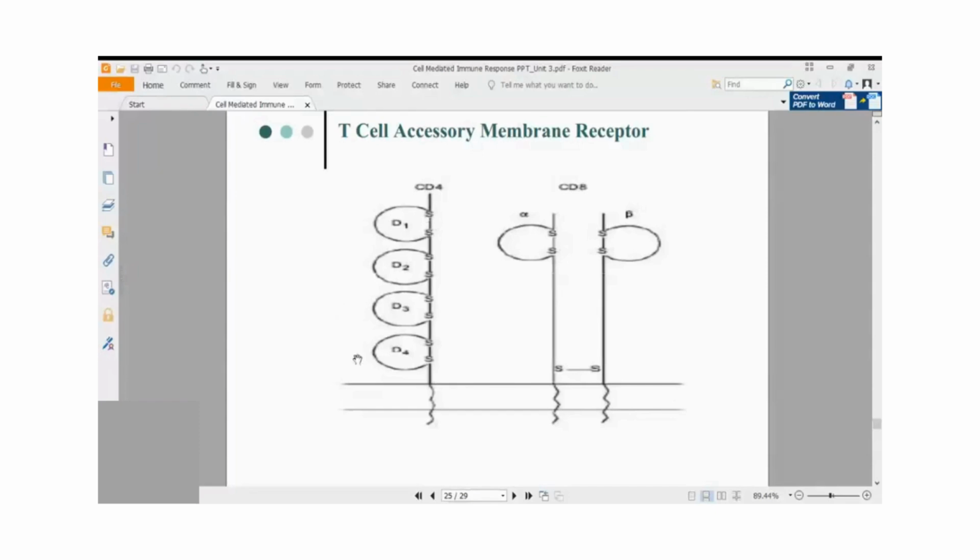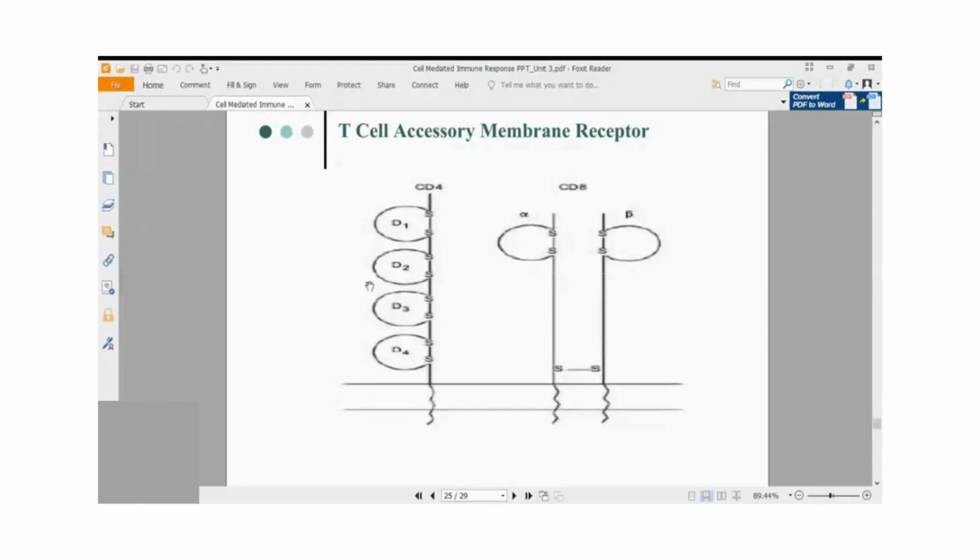It is a single protein chain. Please remember, it is a single protein chain thrown into four folds or four loops because of the intra-chain disulfide bond. It has also got an NH2 domain which is exposed exteriorly and the COOH domain which is in the intracellular region, that is in the cytoplasm.